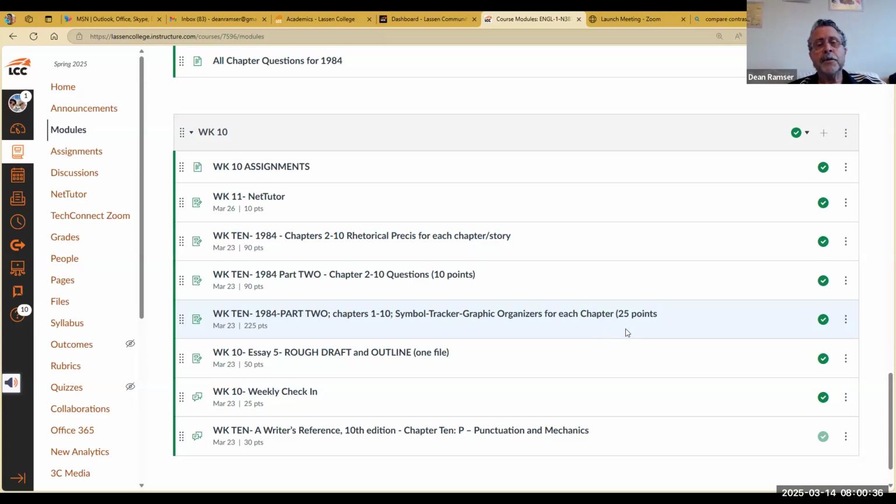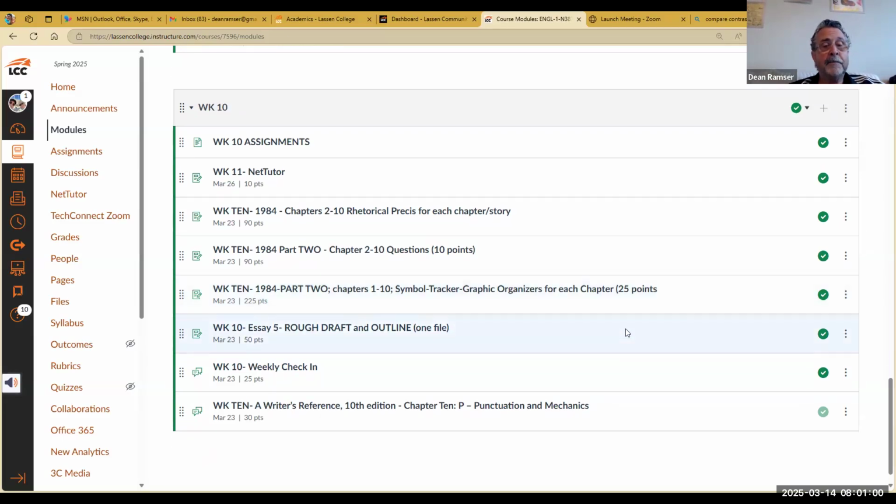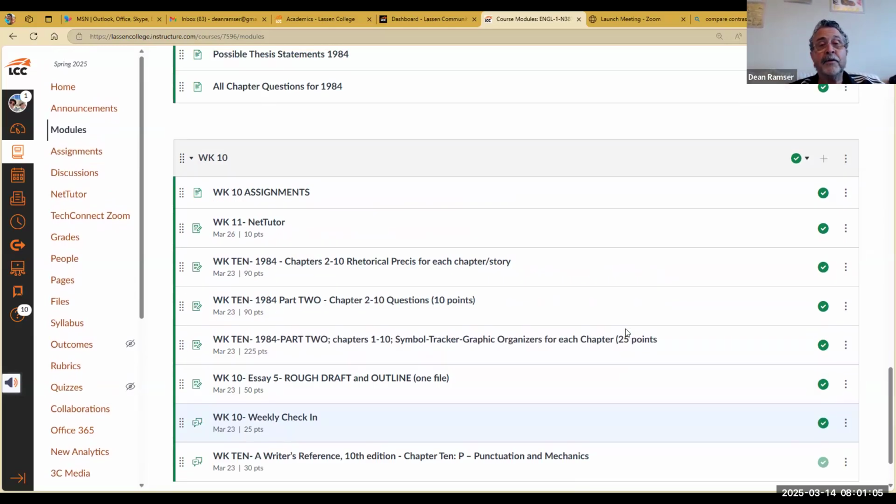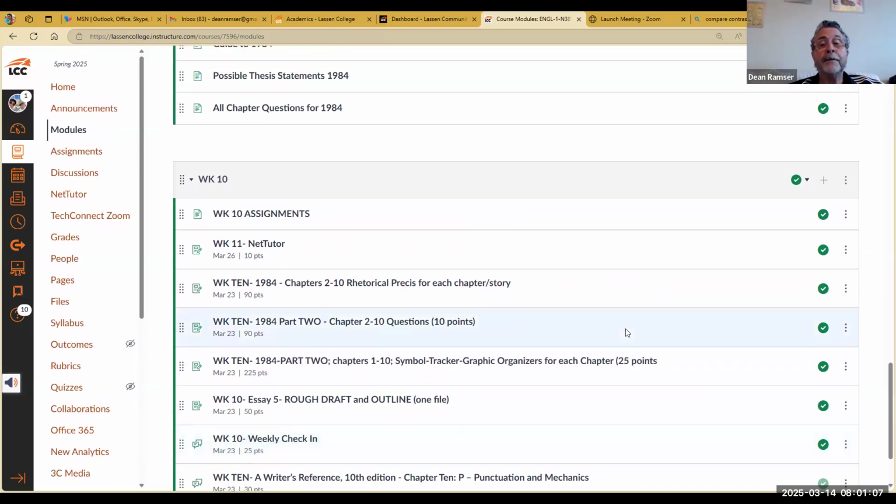The symbol tracker is just identifying one symbol in each chapter, a quote that goes along with it, the character who spoke it or heard it, the reaction to that quote, that symbol, and how it relates to the main theme of the novel. This is going to give you a bank of information you can use in writing Essays 5 and 6. So I have a draft and an outline, weekly check-in, and then I'll need to add week 11. I'll do that probably this weekend.